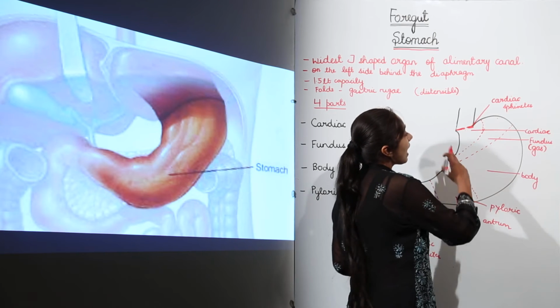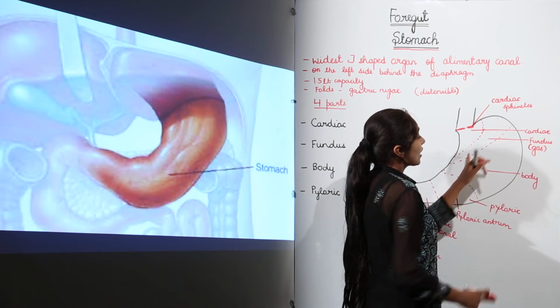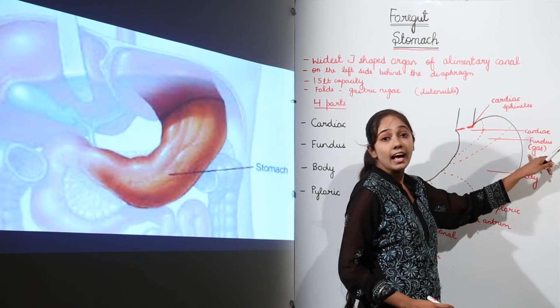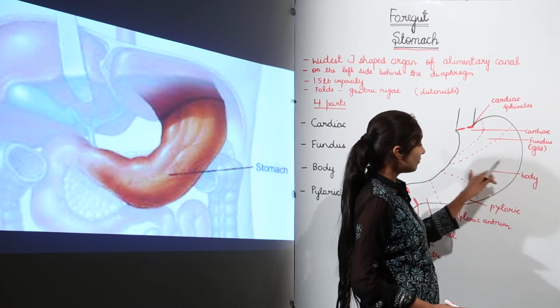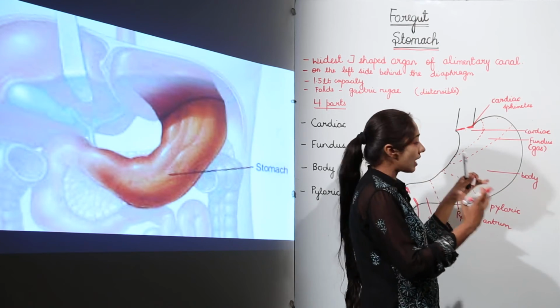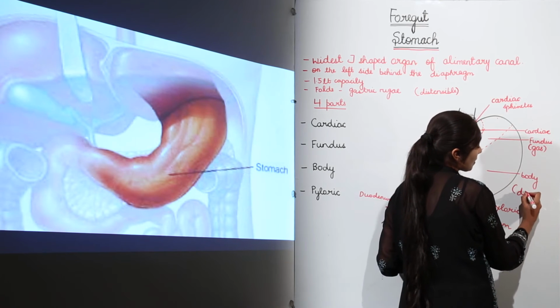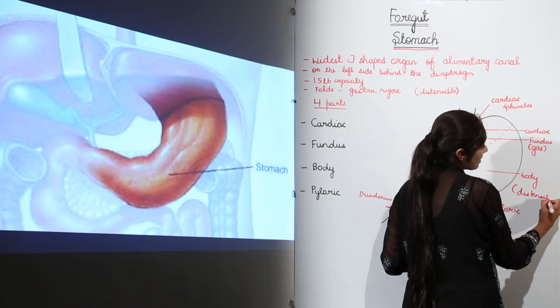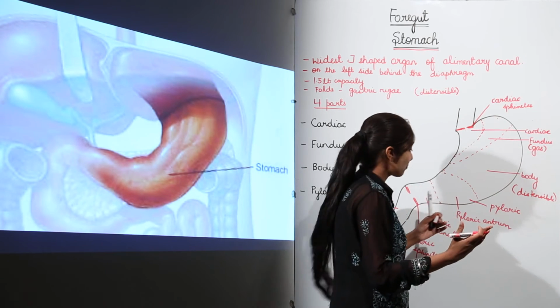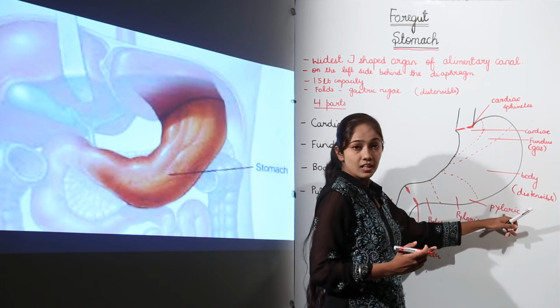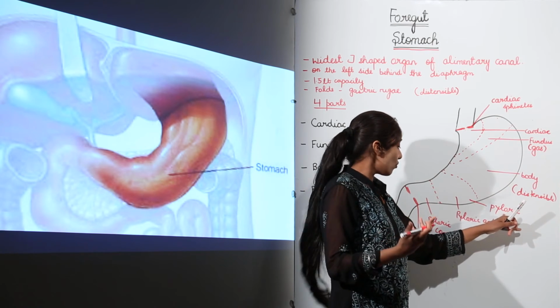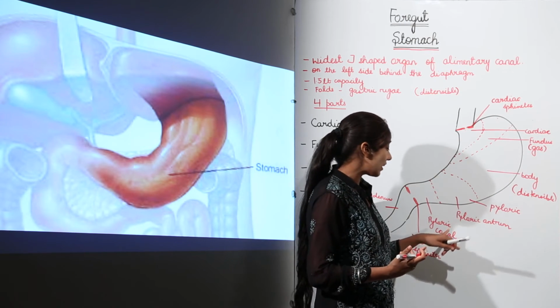Okay. Then we have the region that is a fundus. I told you fundus is just filled with gas. Then we have the body. This is the main largest part of the stomach, and this is actually the distensible part, you can say. Distensible means something that can be stretched. Then we have the pyloric part. Pyloric part is divided into two. We have pyloric antrum and the pyloric canal.